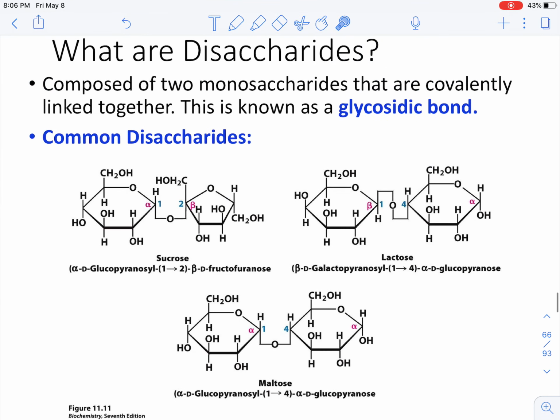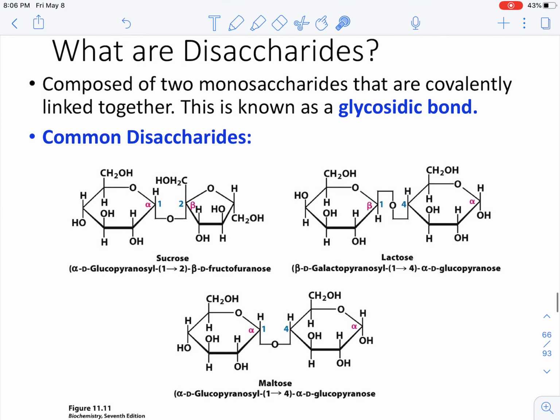Maltose is another disaccharide, known as malt sugar. This is the structure of maltose, and maltose is composed of two glucose units covalently bonded together, once again through that glycosidic bond. It's commonly obtained from hydrolyzing starch.